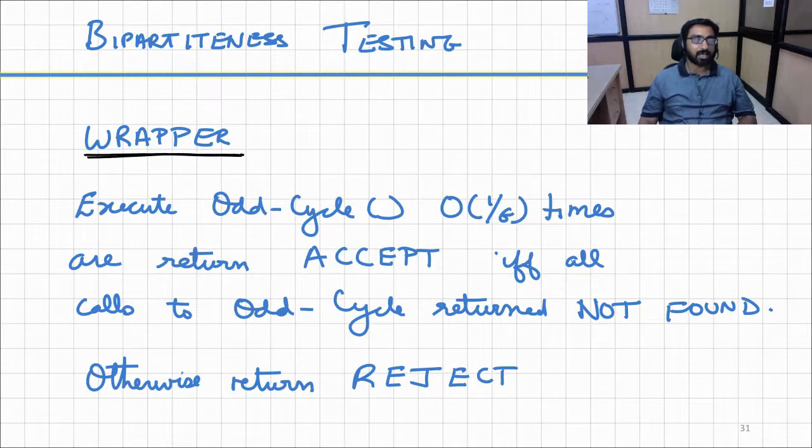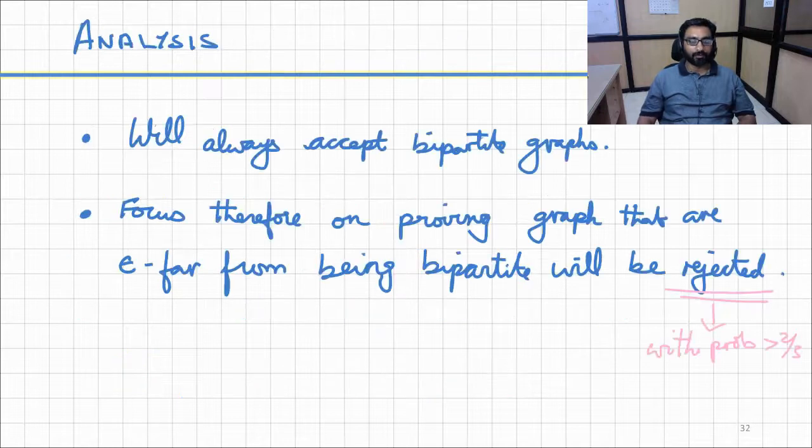If it found an odd cycle, then we will immediately reject. If, on the other hand, none of the calls to odd cycle came back with a found return value, then that means all of them returned not found from the subroutine. Then we will accept this graph as being a bipartite graph.